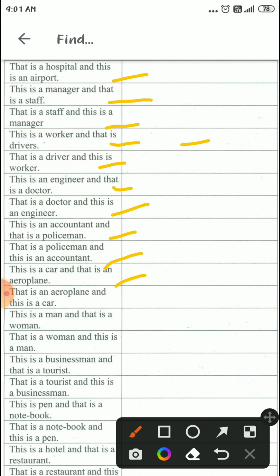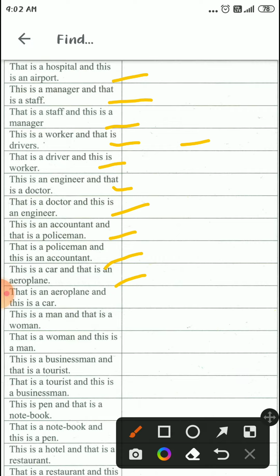This is a car. Car is feminine, so we have to use هذه instead of هذا. هذه سيارة. And that is an aeroplane. Here ذلك is not used, because ذلك is used for مطار, airport. Here it is not airport, it is aeroplane.